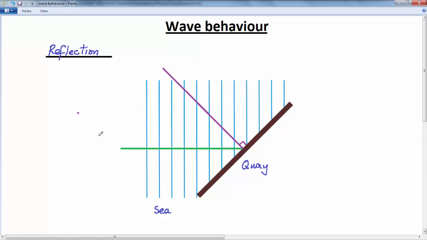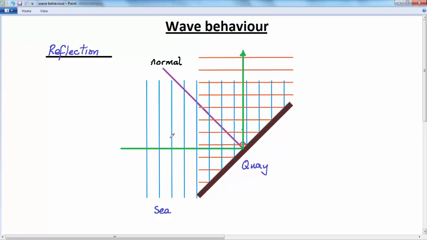So what will happen to the water waves? Well, they're coming in this way, and after reflecting from the quayside, they'll look like this. Now, what can we say about the angle of incidence and the angle of reflection? The angle of incidence is the angle between the direction of propagation of the wave coming into the quay and the normal to the reflecting surface.